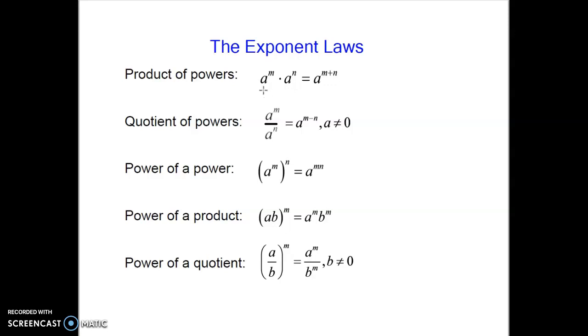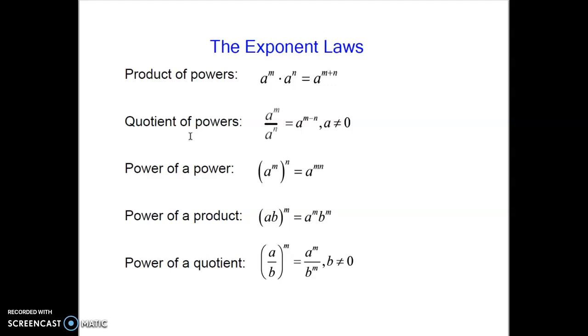So let's say it's 2, 2. And then M and N are different numbers. So it's 2 to the power of 4 and 2 to the power of 3. We add 4 and 3, okay? So M and N are added. That's what the product of powers is. If you're multiplying two of the same numbers, the exponents are added, okay?